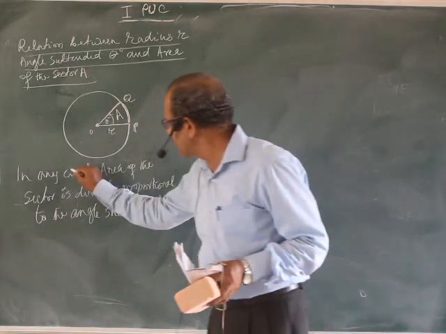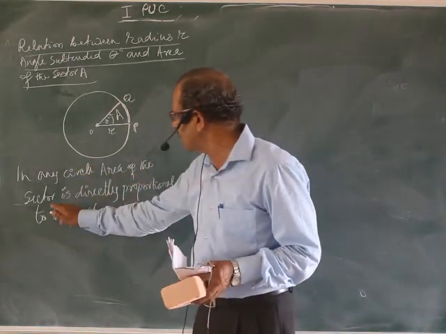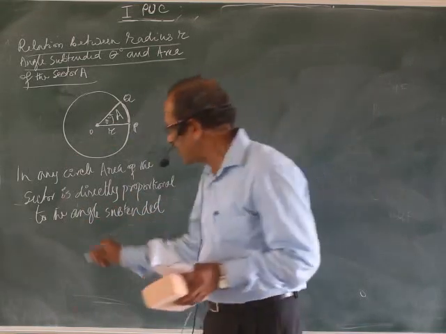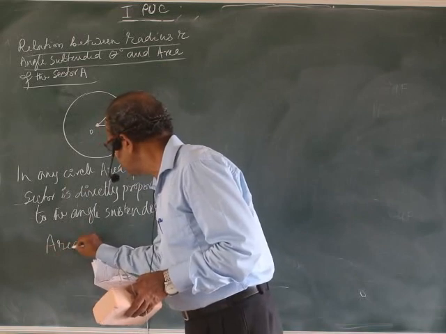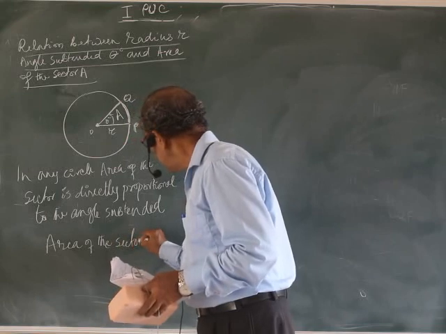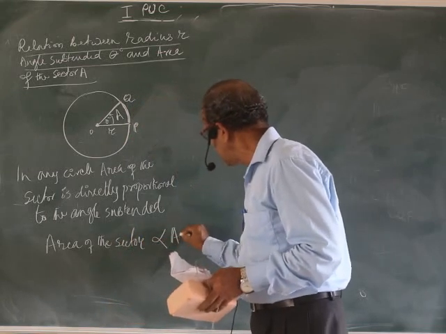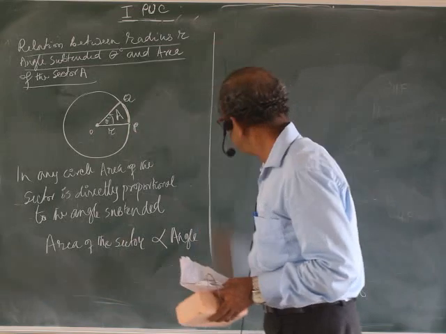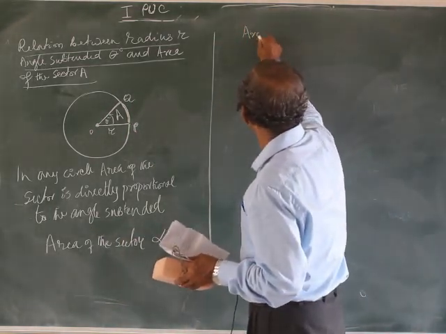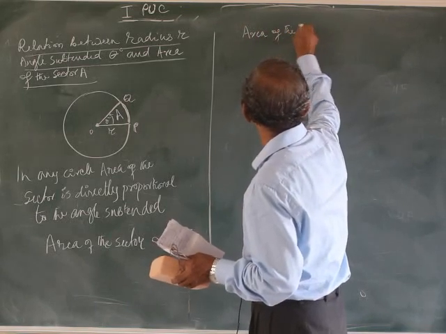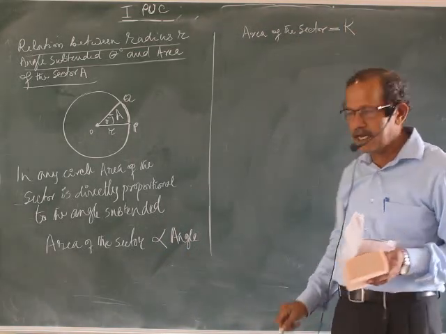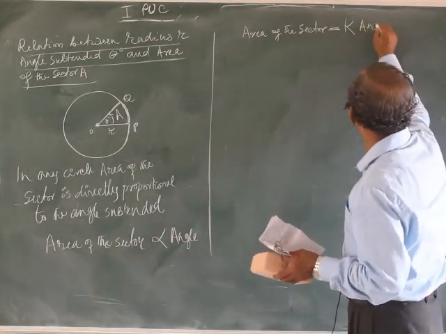In any circle, area of the sector is directly proportional to the angle subtended. That means area of the sector is directly proportional to angle. Or, the proportionality constant. Area of the sector is equal to some constant, proportionality constant we say, into angle.